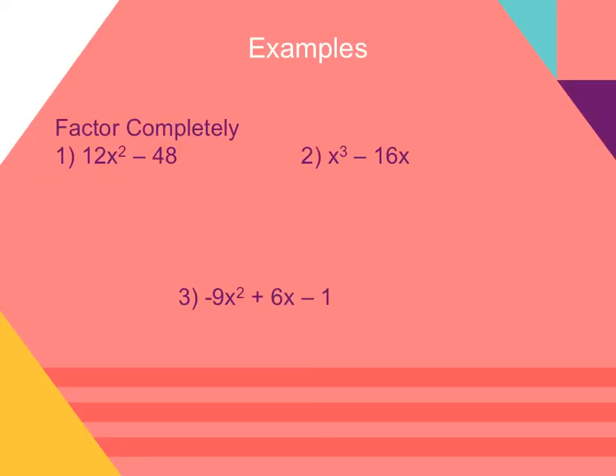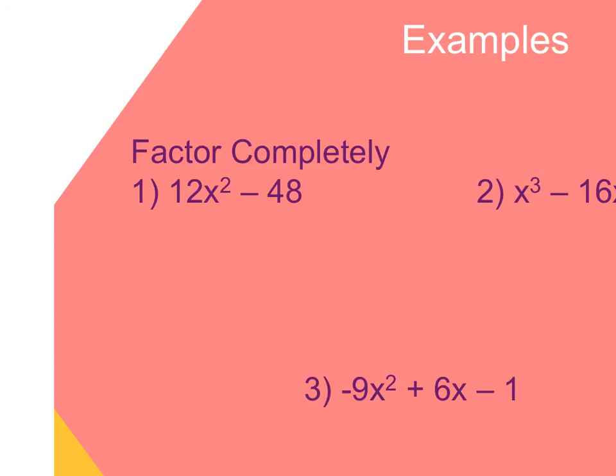So the first one, notice the instructions say factor completely. On the test, it's not going to say factor this difference of 2 squares or factor this trinomial. The instructions are going to say factor completely, and then you have to know which technique to use. So always, always, always look for a GCF first.